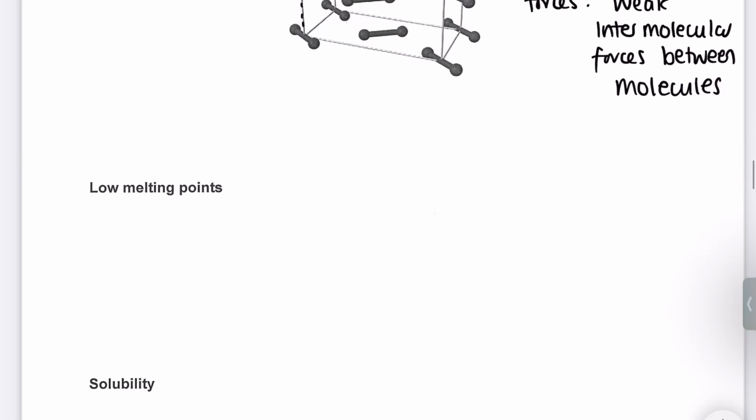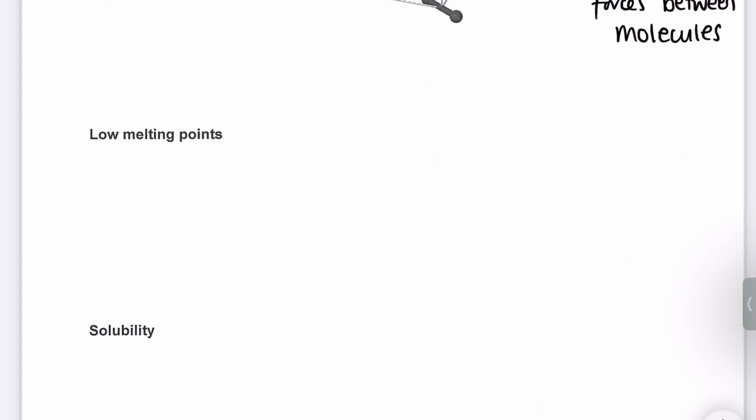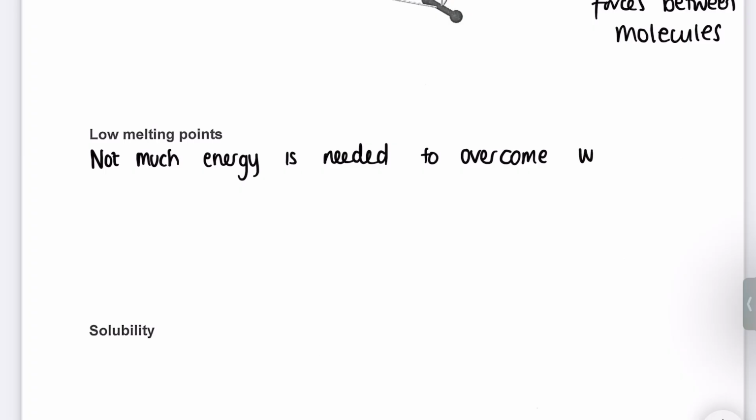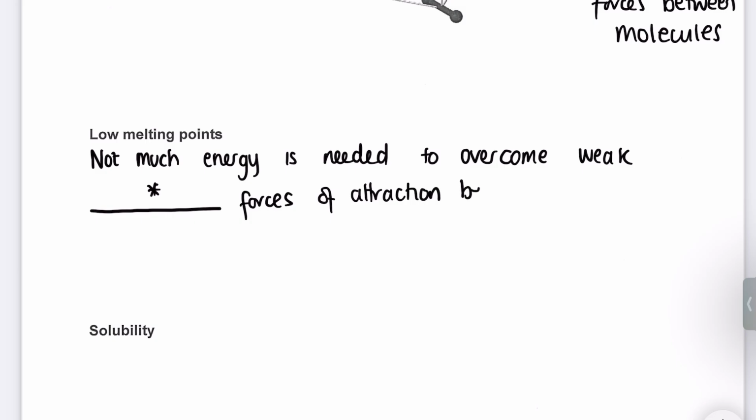So they tend to have low melting points, because not much energy is needed to overcome, so we don't break bonds here, we overcome weak attraction between the molecules, and you're going to put in a type of force there.